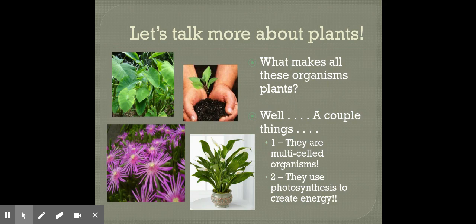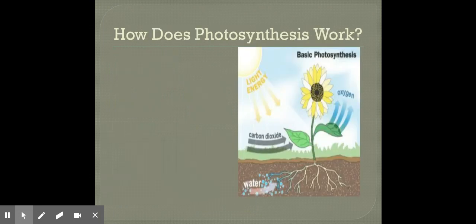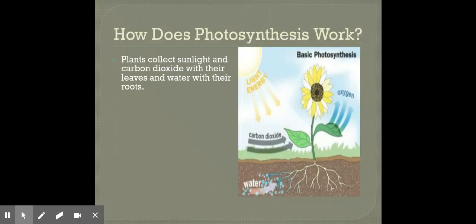The second thing that makes plants plants, or the very distinguishing characteristic of them, is that they perform photosynthesis. In other words, they make their own food. So how does photosynthesis work? Plants collect sunlight and carbon dioxide with their leaves and water with their roots.